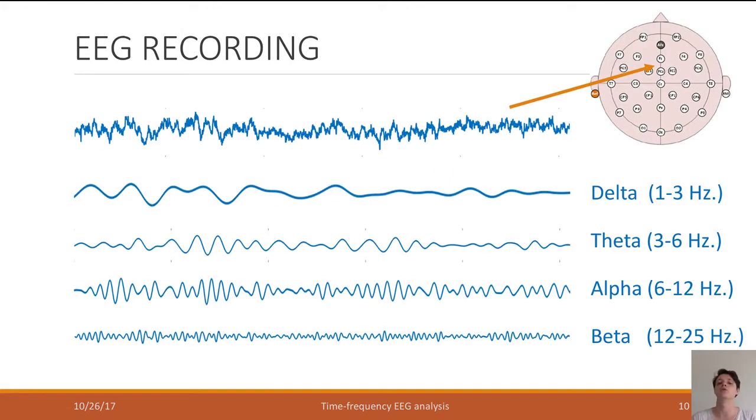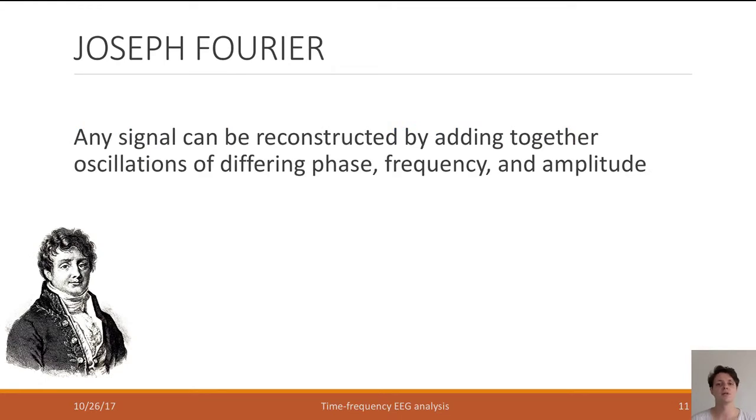We can now look at this specific slide, and we see, okay, apparently this EEG recording has a lot of different oscillations with different frequencies, which are depicted back here. And they can differ in amplitude, but they can also differ in phase, or where they are in their oscillation.